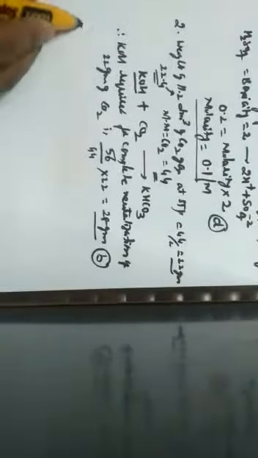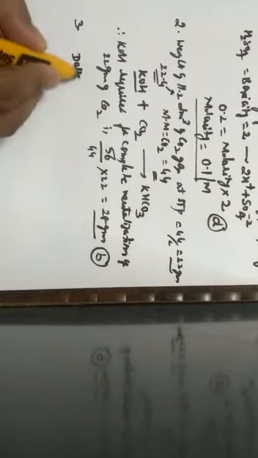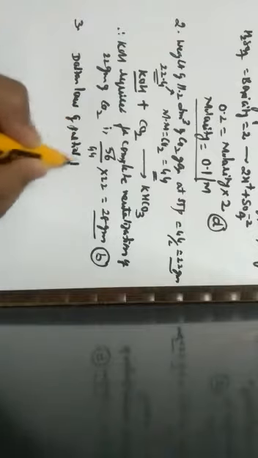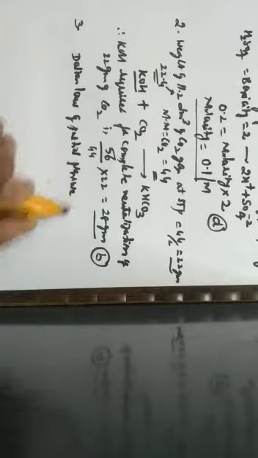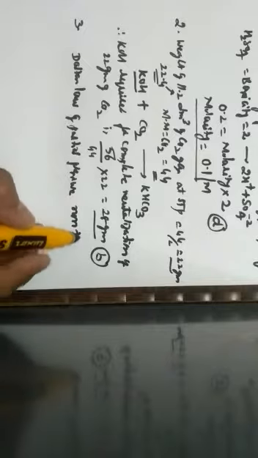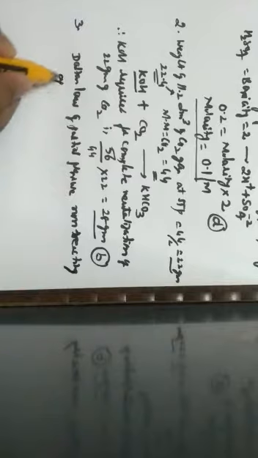Next one, question number 3. Dalton's law of partial pressure is applicable to which of the following systems? Here one should know that Dalton's law of partial pressure is applicable to non-reacting gases, meaning it can be applied only to non-reacting gases.